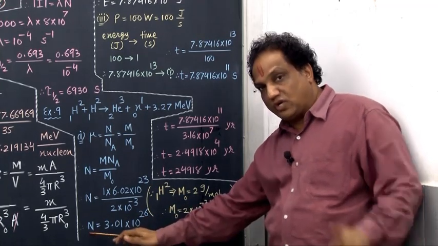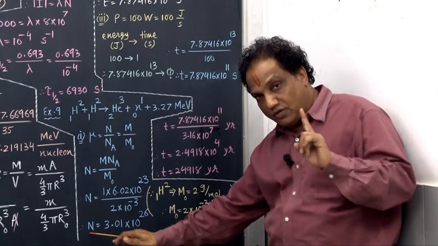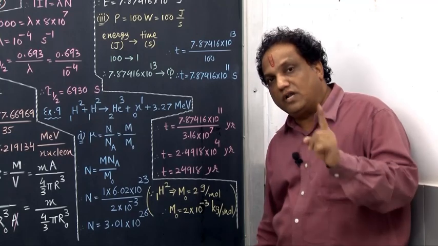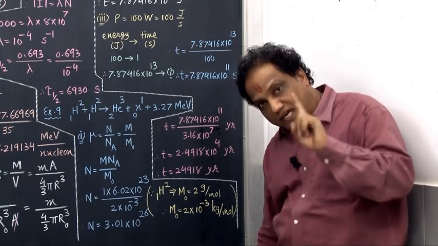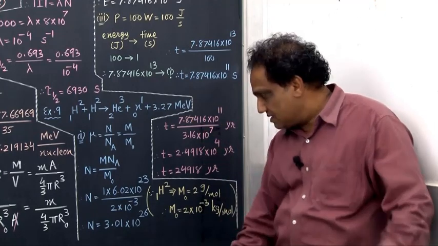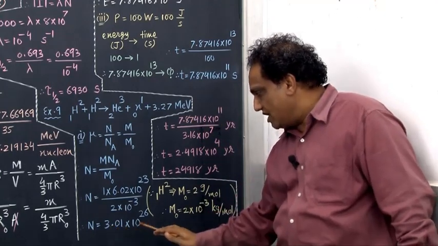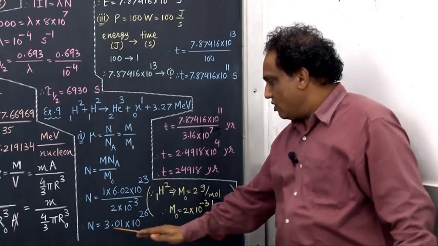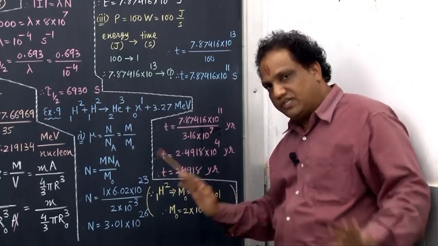N equals to total number of deuterium nuclei, or total number of deuterium atoms in a given element of 1 kilogram mass, is 3.01 into 10 raised to 26. Wait.